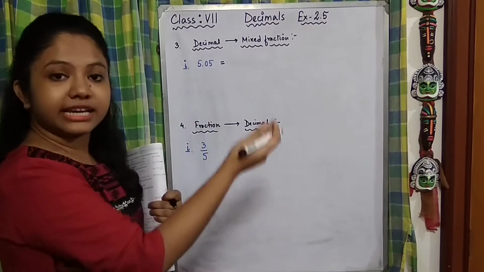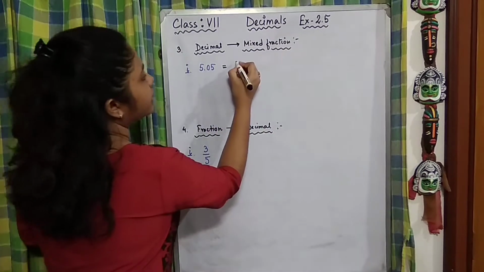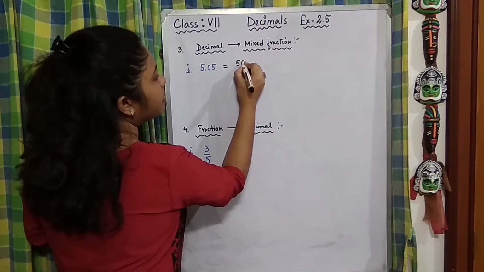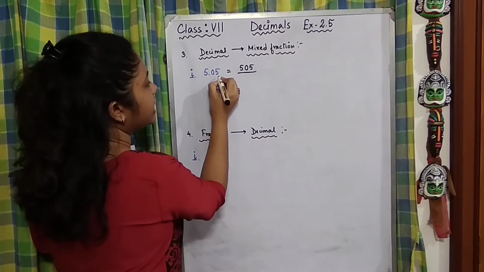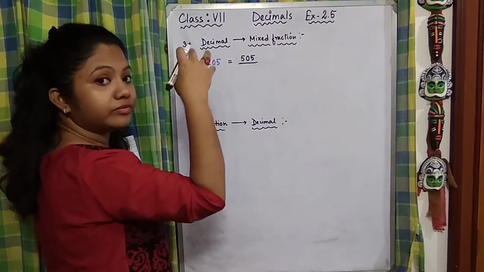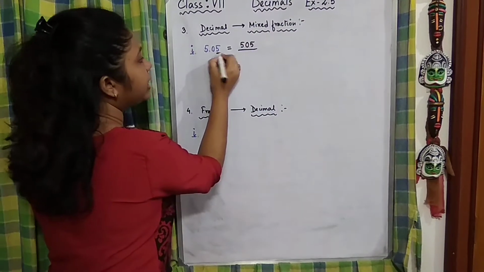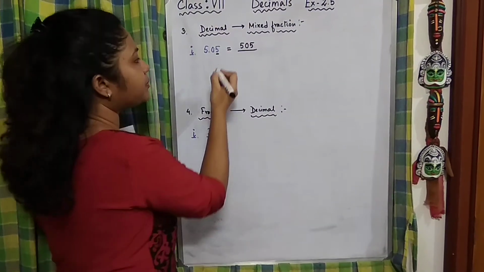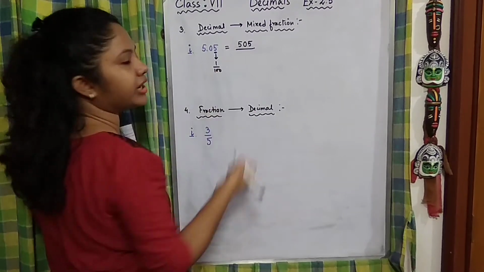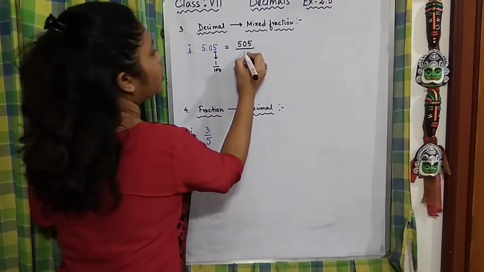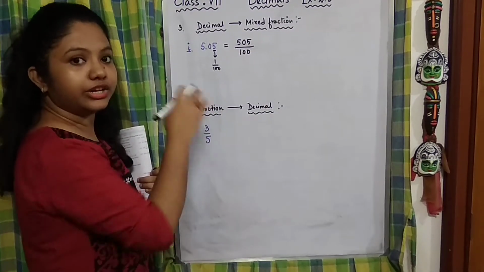As I said earlier, first we will keep all the numbers in the numerator. Then we will consider the place value of the extreme right number. The extreme right digit is 5, and its place value is 1 by 100. So we are going to put 100 in the denominator.